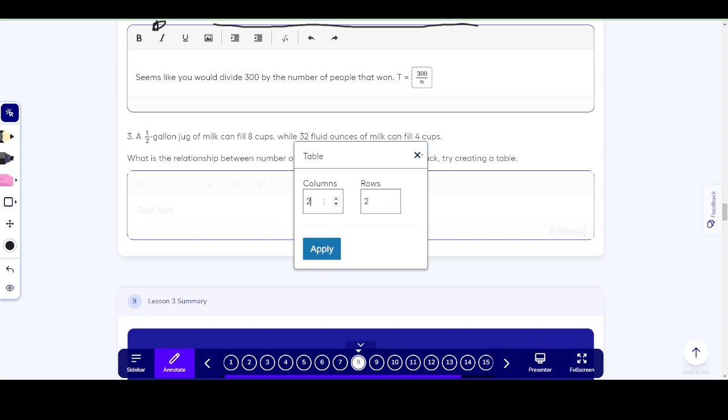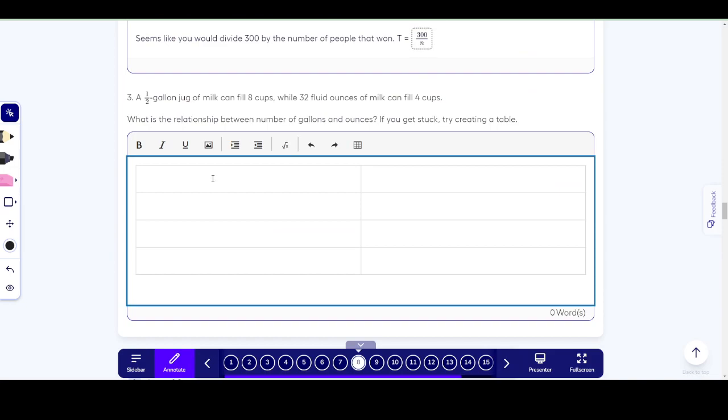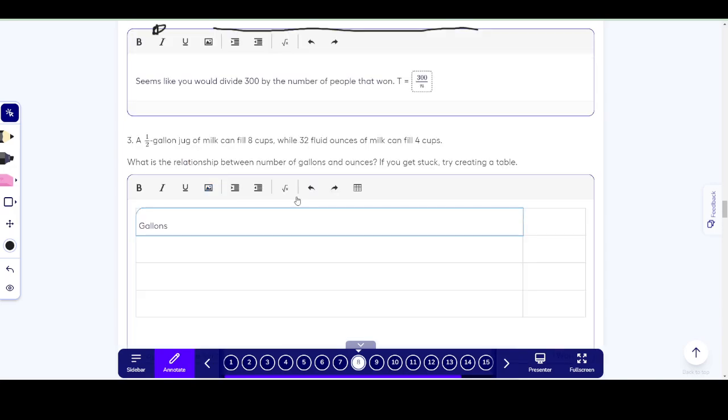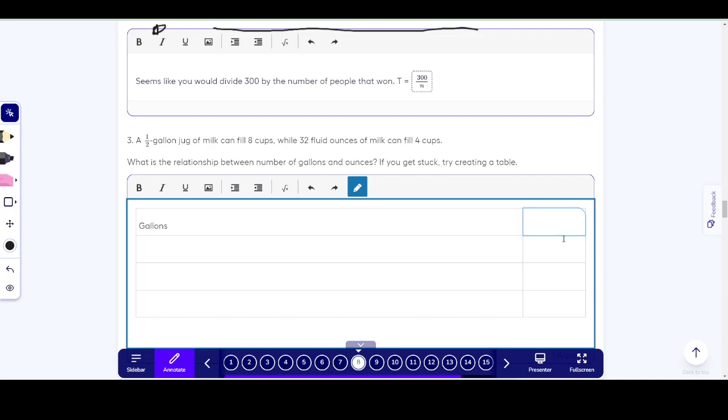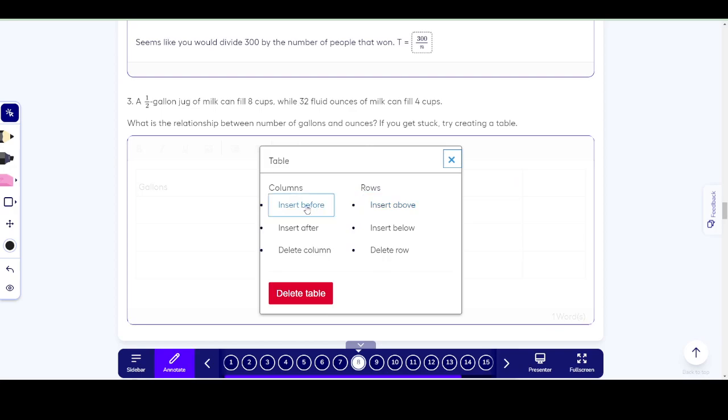I think we're going to do 2 columns and about 4 rows. Okay, let's create a column. Well, we know there's half a gallon, so we'll do 0.5 of a gallon. Actually, let's do gallons here. Can I add more? Oh, look at that.